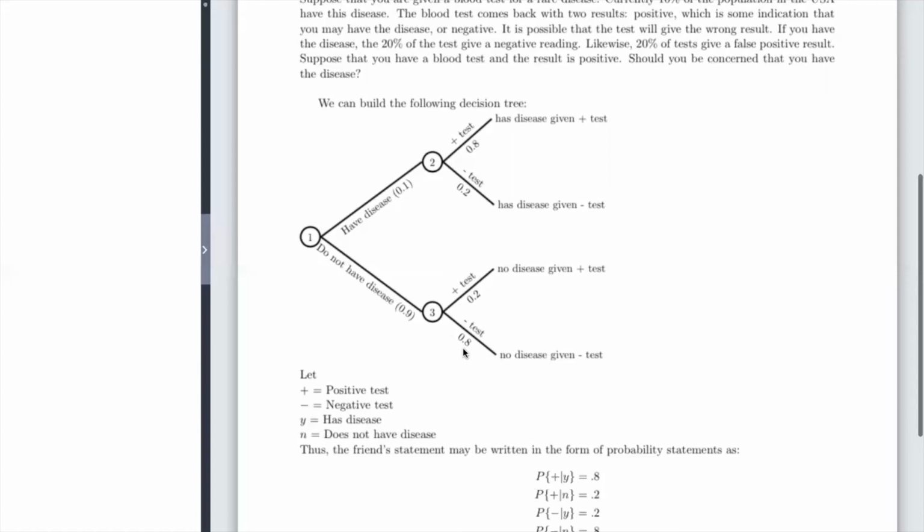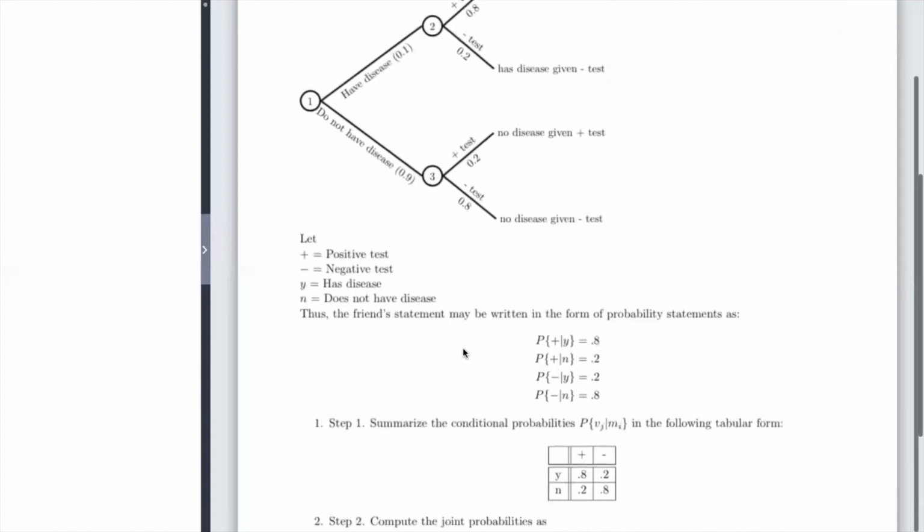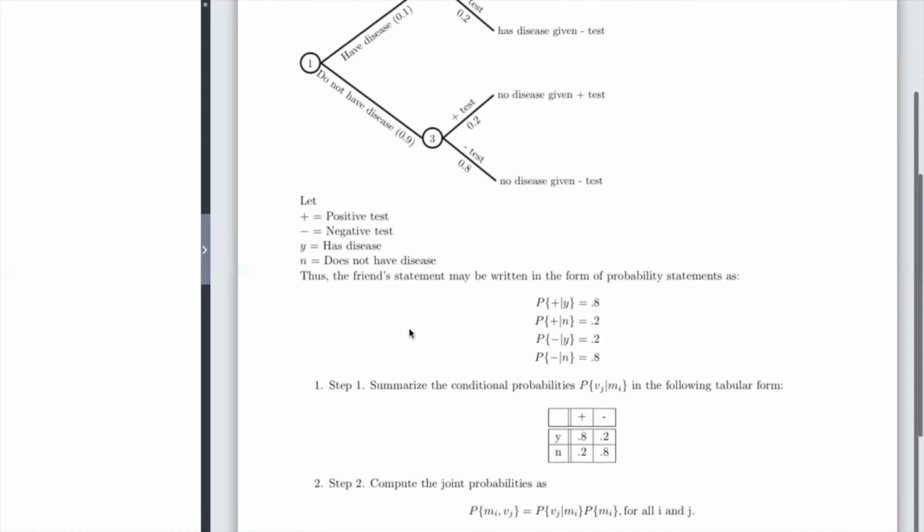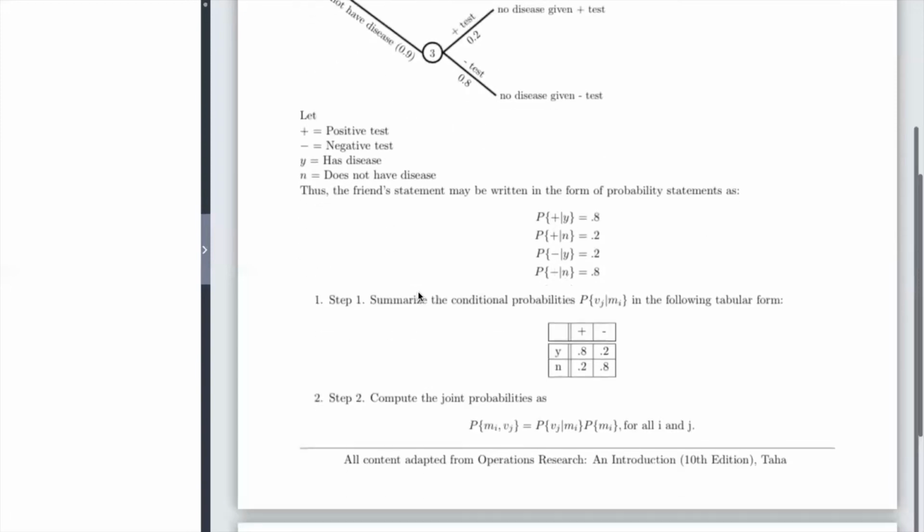So how I solved this, I let a positive test be a plus, negative test be a minus. If you have the disease, Y for yes, or you don't have it, N for no. And then we can write a statement of probabilities.